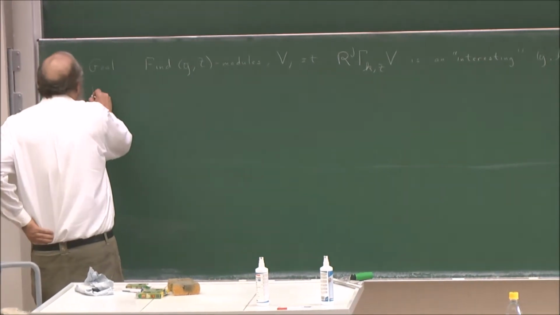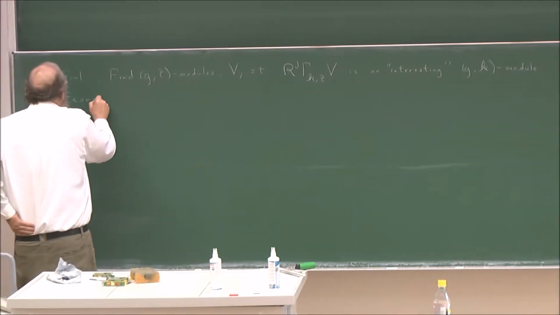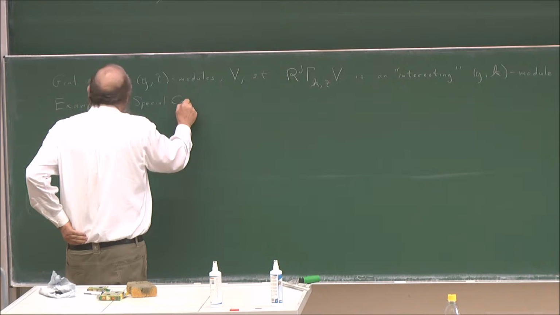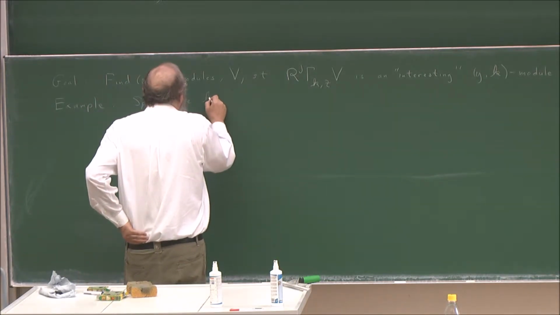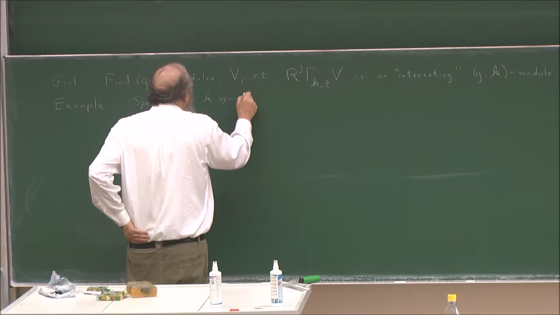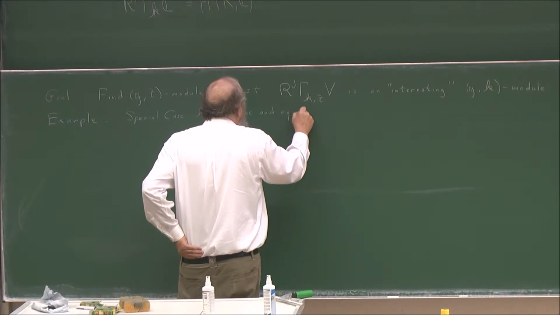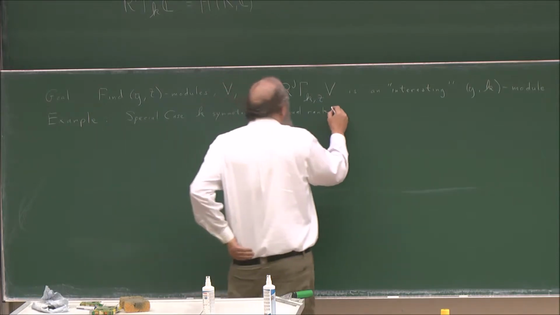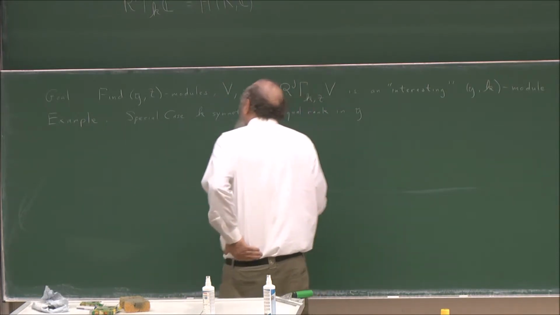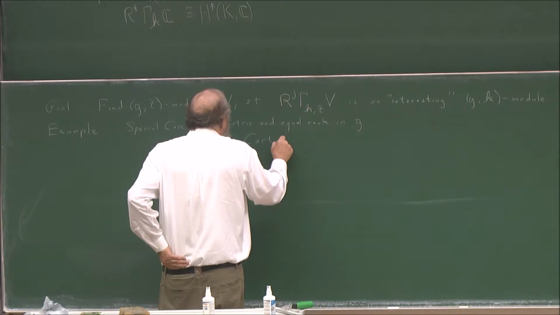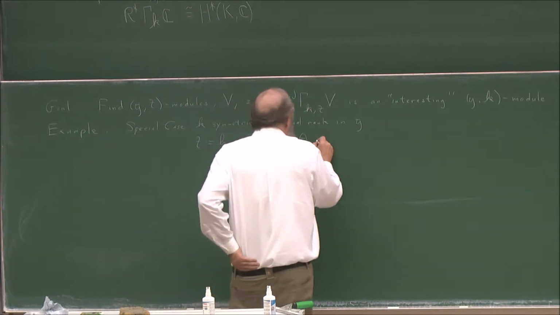So, to greatly oversimplify the history, consider the special case: K symmetric of equal rank in G, and then T equals H intersect K, the compact Cartan subalgebra of K and G.